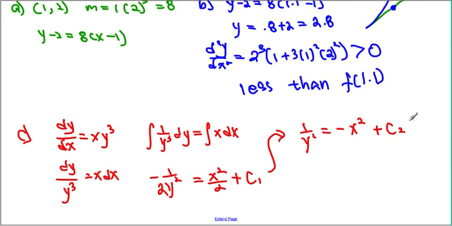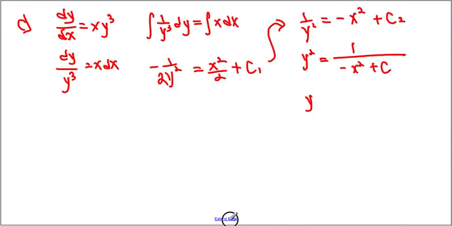Now, what are we going to get? We take the reciprocal to have the y squared on top, then we end up getting 1 over negative x squared plus c, times negative 2 absorbed into c. And then take y by itself, so y can be plus or minus. We have no idea which one yet.